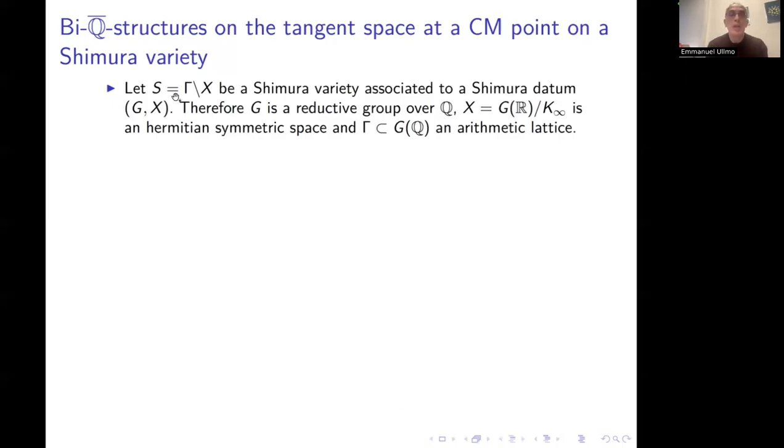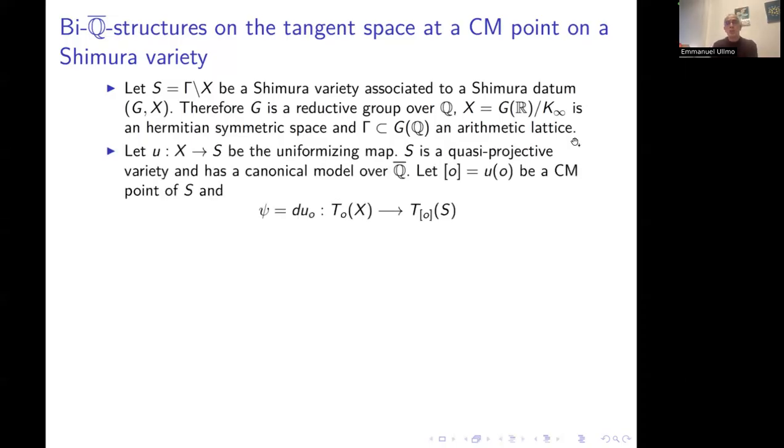And S is the quotient of this Hermitian symmetric space by an arithmetic lattice. I would like to explain that on the tangent space of this kind of object, I have naturally a Q-bar structure.